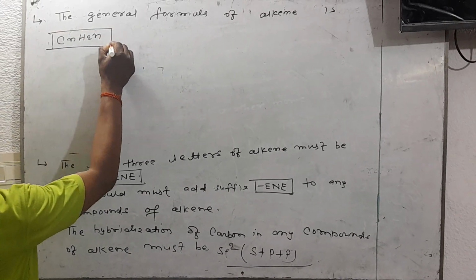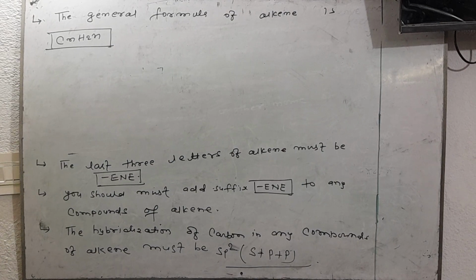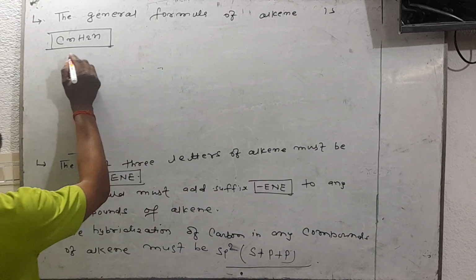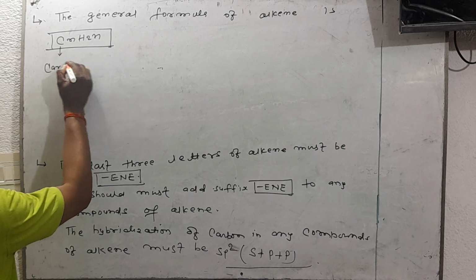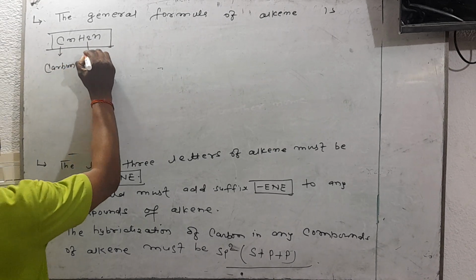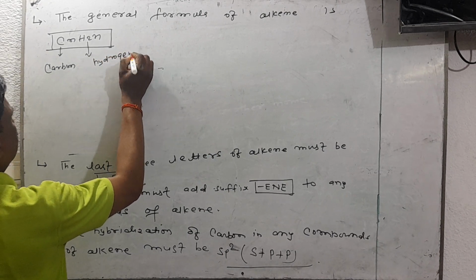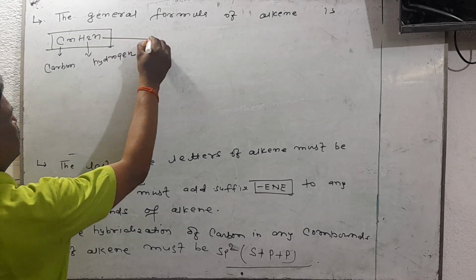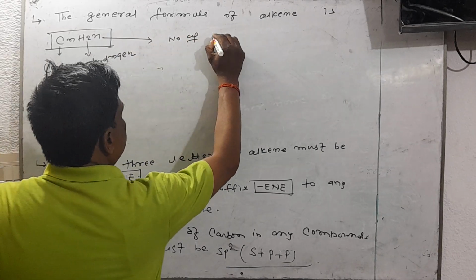The general formula of alkene is CnH2n. In this formula, C represents carbon, H2 represents hydrogen, and n represents the number of carbon atoms.